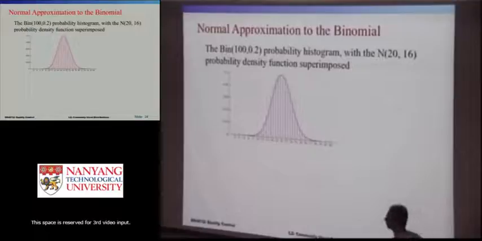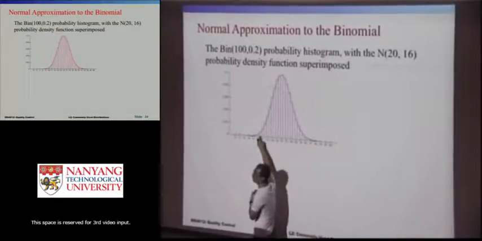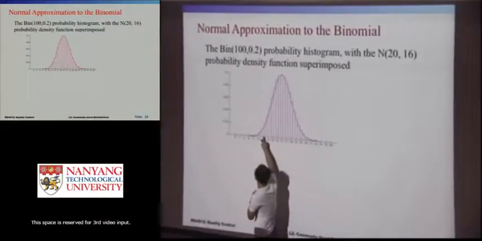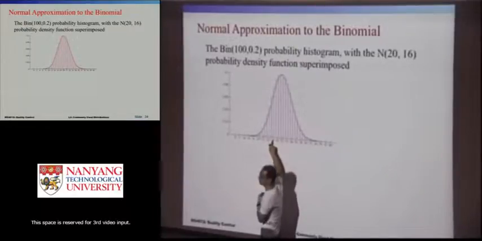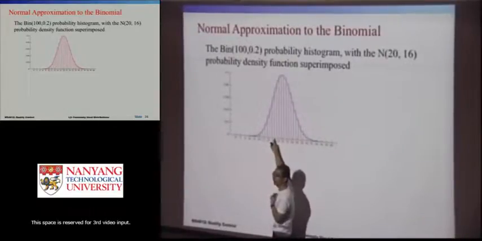Just to remind you, the width of each bar is 1, and the exact number sits in the center of the bar. For this bar the value is 16, so it starts from 15.5 and ends at 16.5.